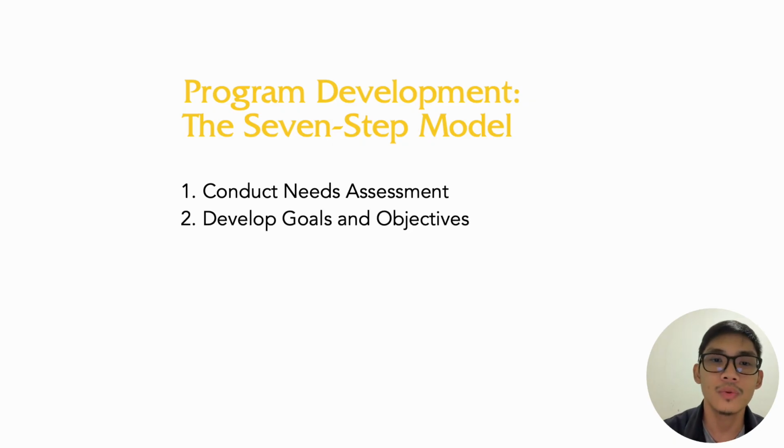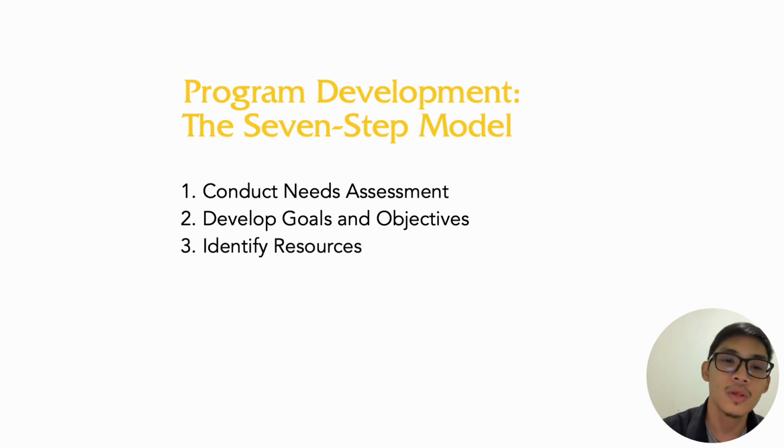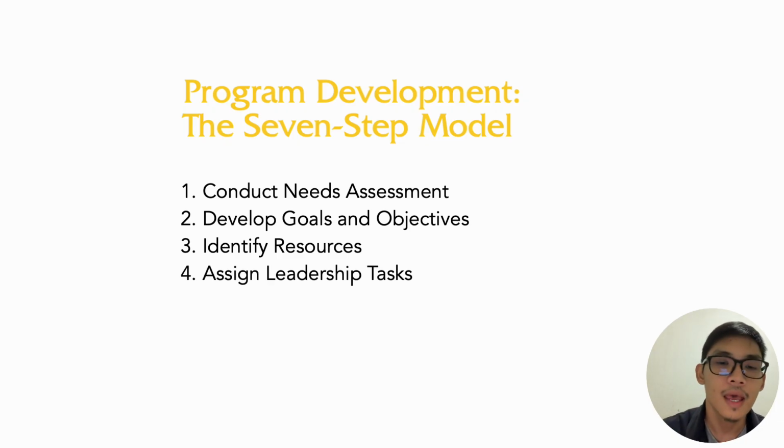And then we need to develop goals and formulate objectives for our program that are based on the results and findings of our needs assessment and needs analysis. We then have to identify our resources, our manpower, facilities, and finances. And then we need to assign leadership tasks to specific personnel.